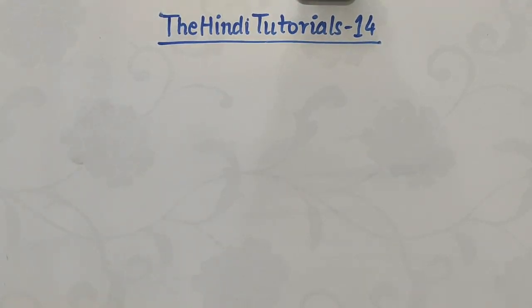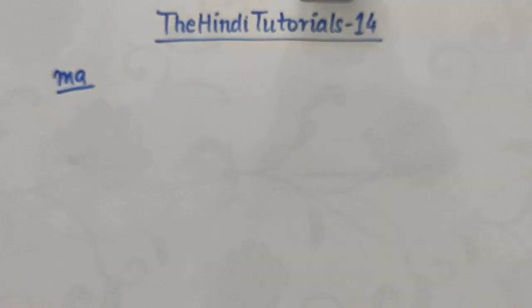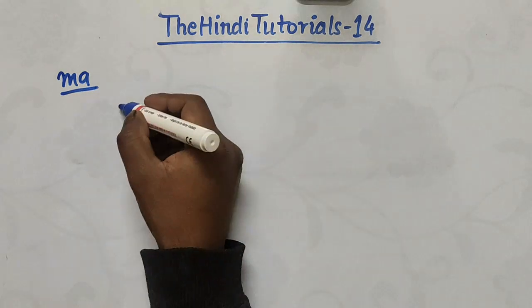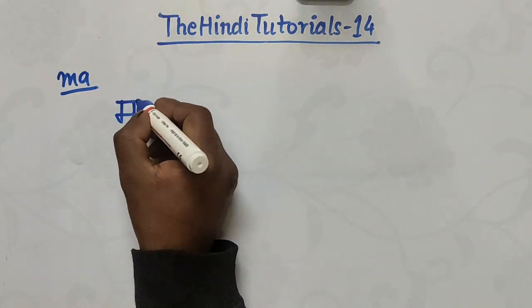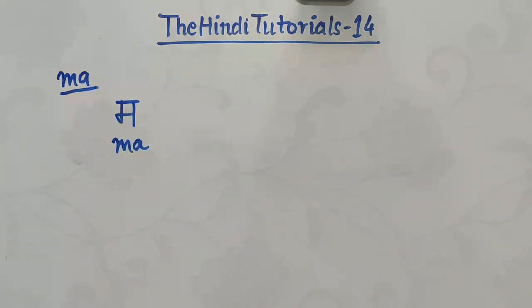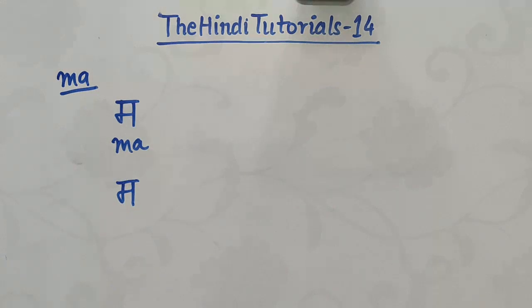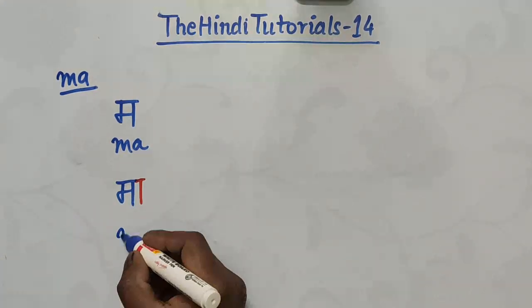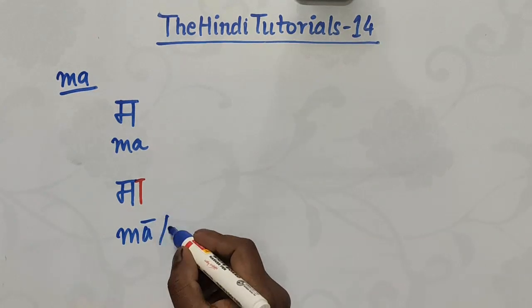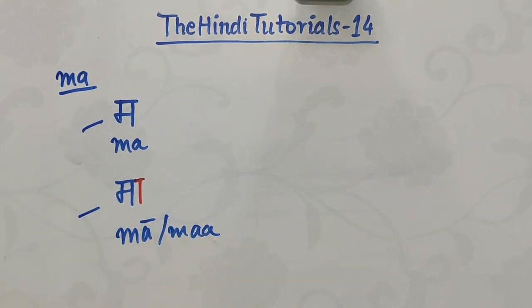Now the next consonant is M. Let's have a look at it. This is Ma. And if I add a vertical stroke to it, it becomes Maa. Ma, Maa.